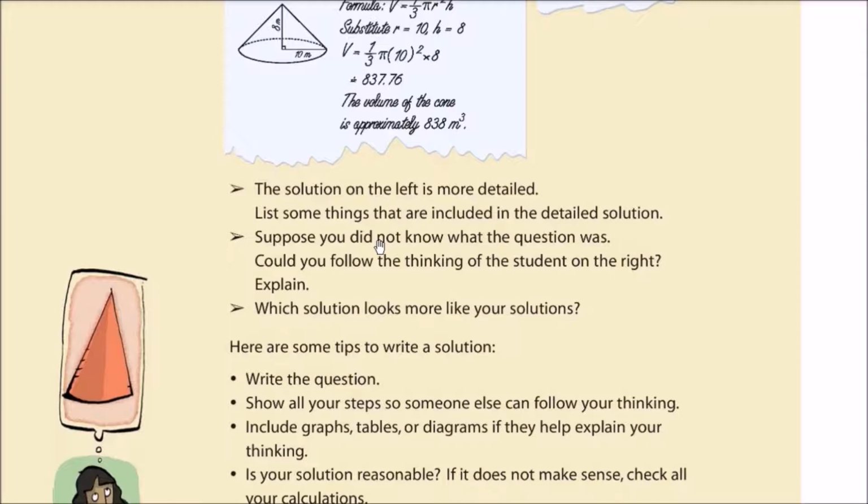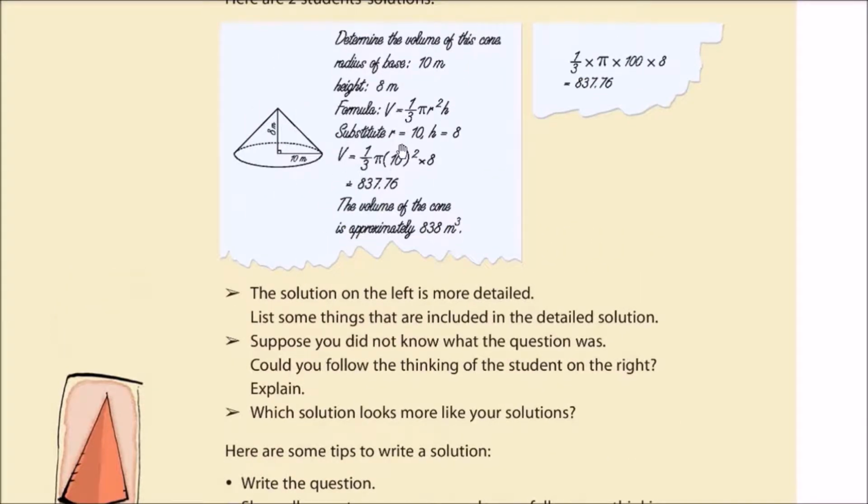Now, the solution on the left-hand side is quite detailed. But suppose you are not aware of the question. Could you follow the thinking of the student on the right? If the student has just done this, is it correct?